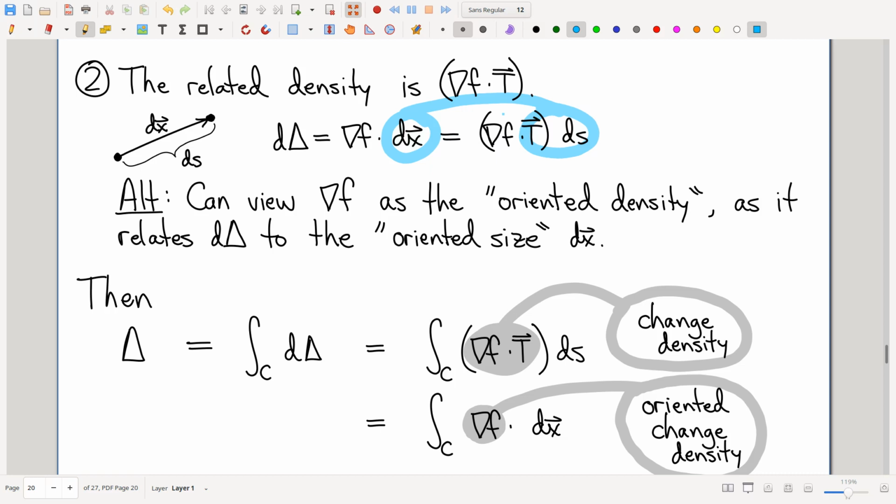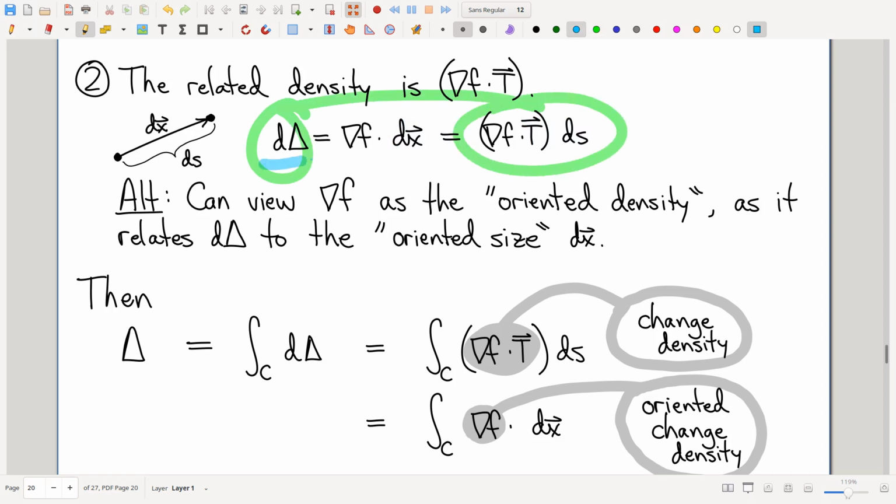And when you write it like that, now what we have is quantity relating over here to size, right? ds represents the size of a little piece of curve that you might be driving along. d delta represents the change in altitude along that piece of road. And therefore, gradient dot T, whoops, I missed the gradient dot T.